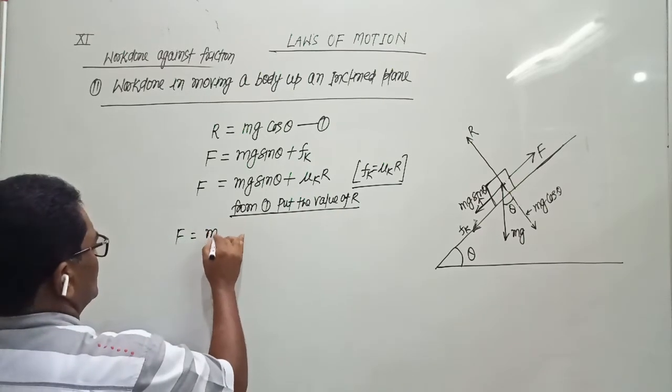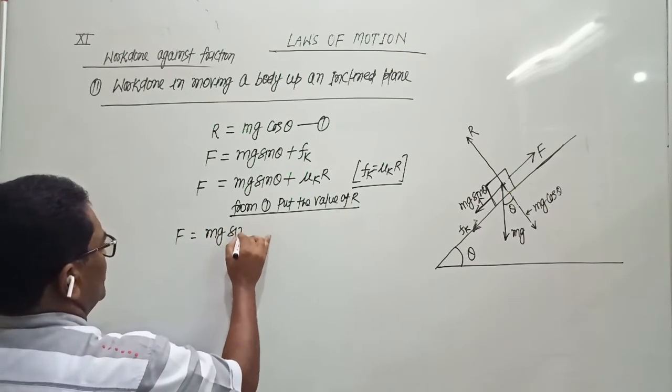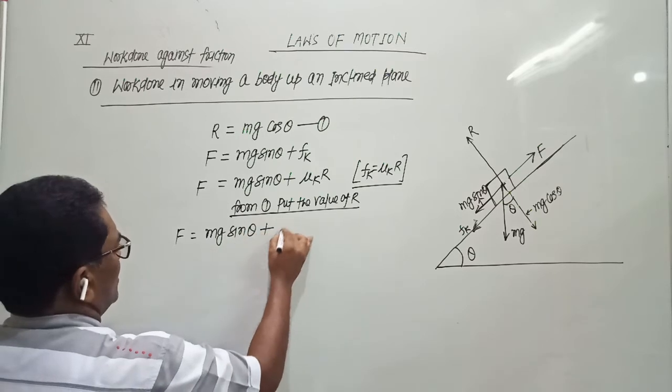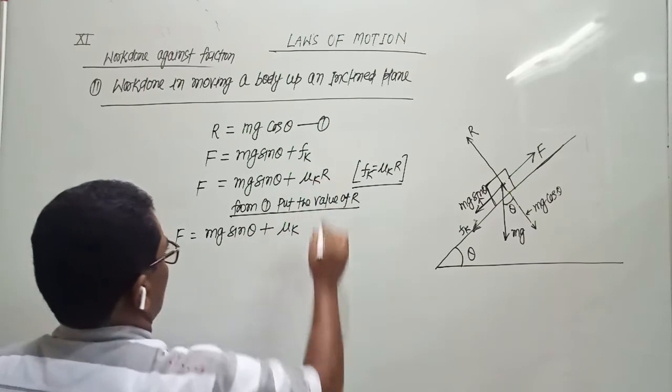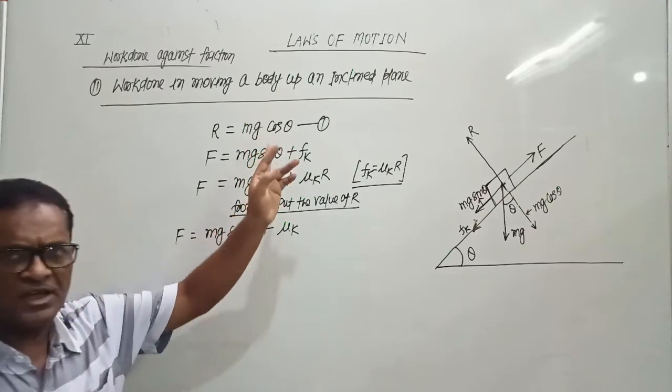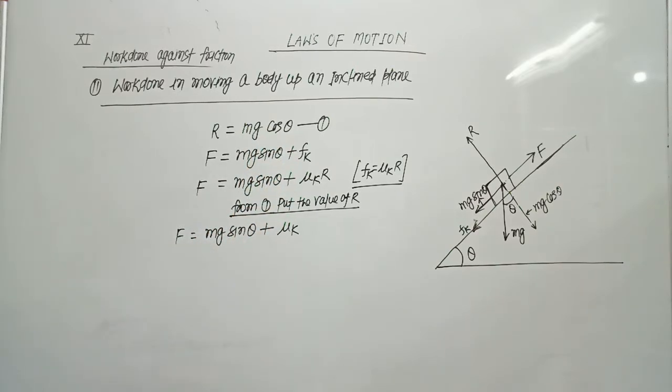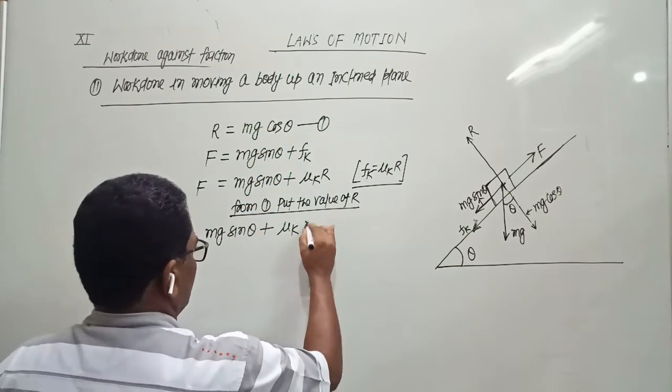So F equals mg sin theta plus mu k into R, and the value of R is mg cos theta. So plus mu k mg cos theta.